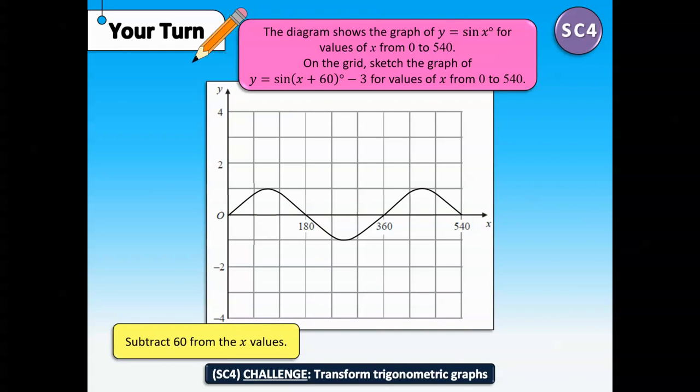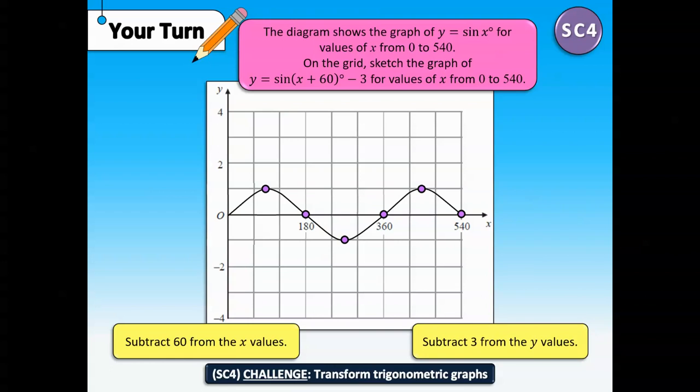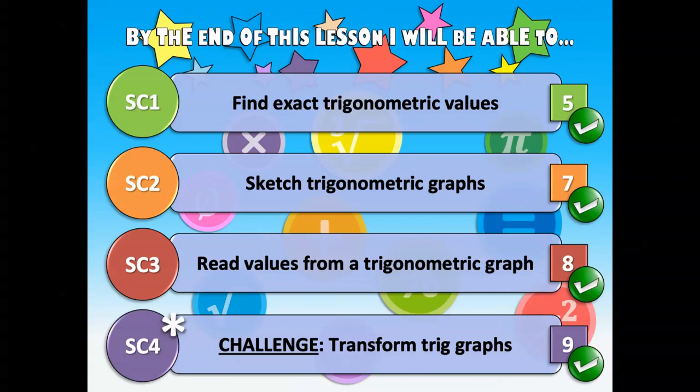So we need to subtract 60 from the x values and subtract 3 from the y values. So our new coordinates will be here. So our new graph looks like this. And now we've completed success criteria 4.